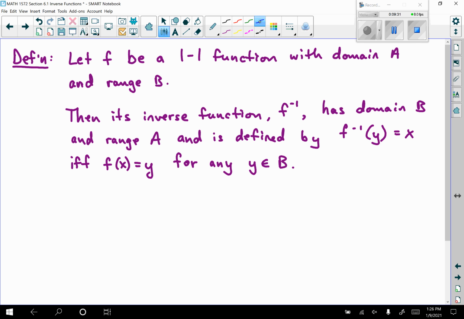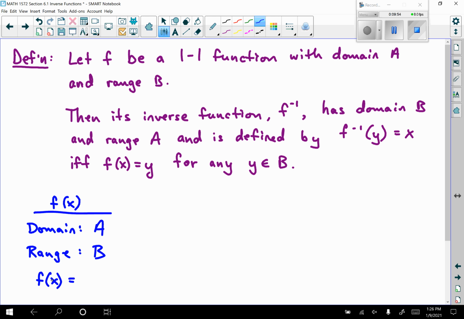So to kind of explain this better, let's just say we have our function over here. Let's say that this is f of x. This would have a domain. We're just calling it A for right now. We have a range we're going to call B. So for any x value we put in, we're going to get an output of y. Now our inverse function, our domain, would equal the range over here.